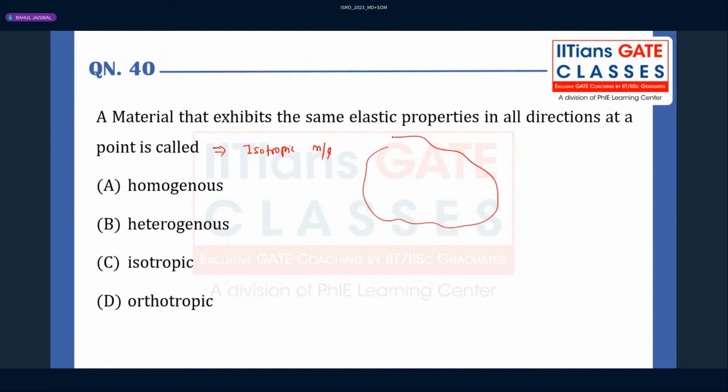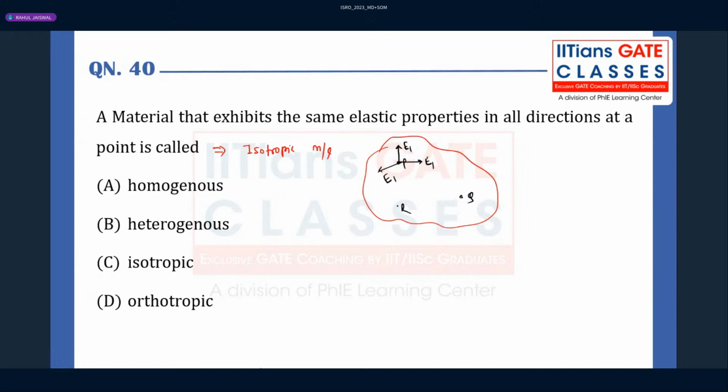Let's say you have any material you have selected, and on this material I have selected 3 points, P, Q, and R. When elastic properties are the same in all the directions at a particular point, that means at point P, the elastic property is, let's say, E1, E1, E1.